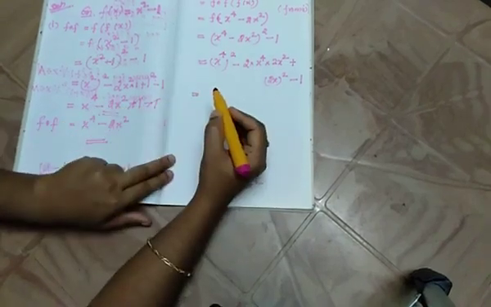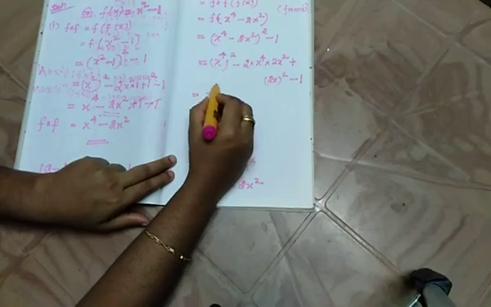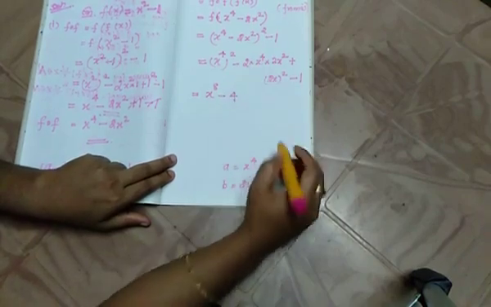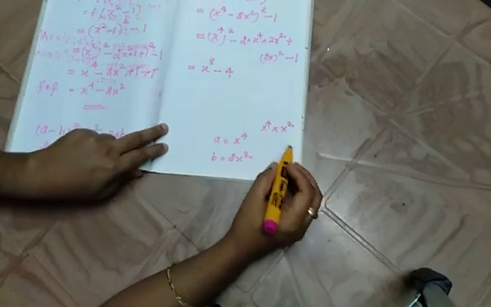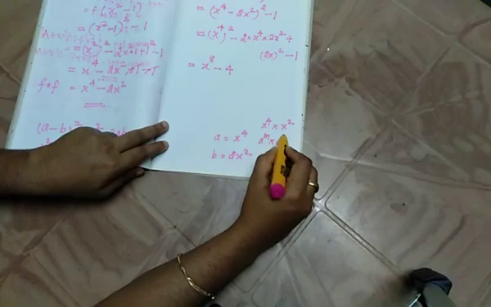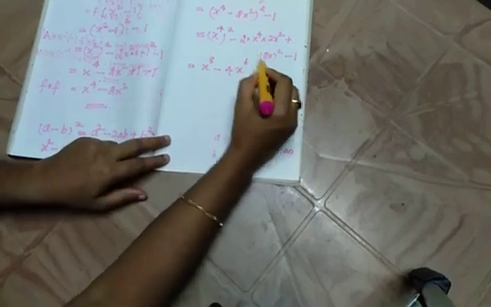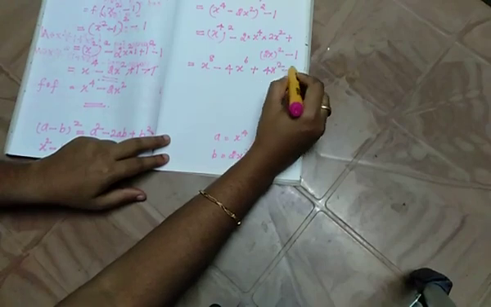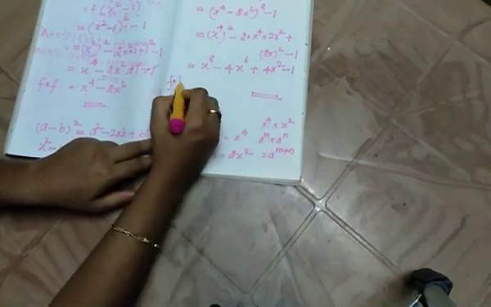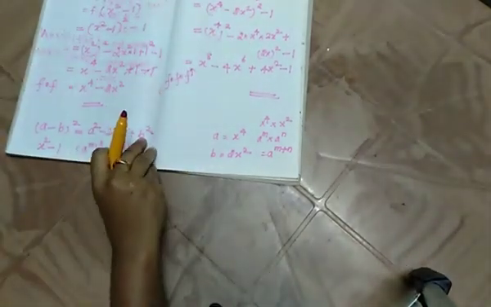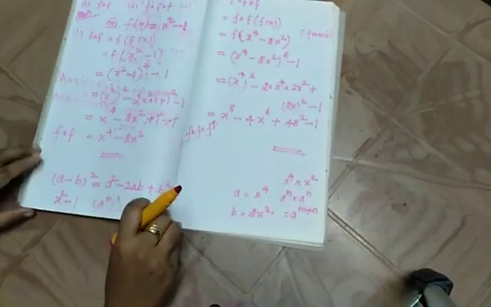So this is equal to x power 8 minus 4 into x power 4 into x power 2. This is of the form a power m into a power n, which is equal to a power m plus n. So x power 6 plus 4x square minus 1. So this is f of f. While substituting, we should be very careful. In the place of x, whatever is in the bracket we have to substitute, isn't that so? So please be careful and do it.